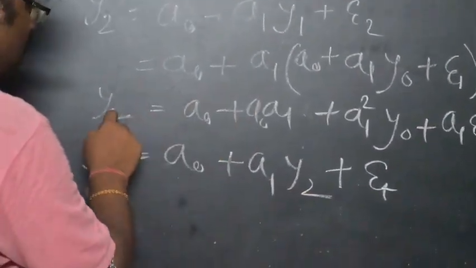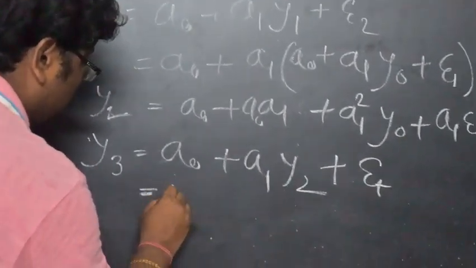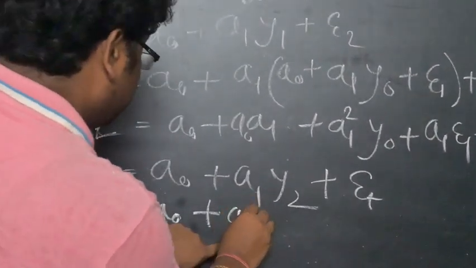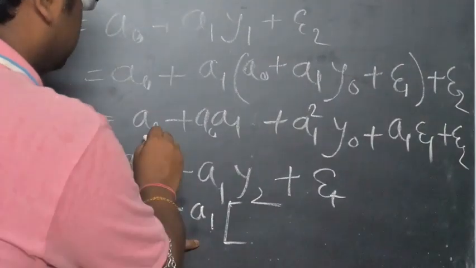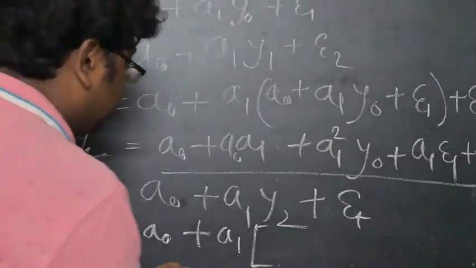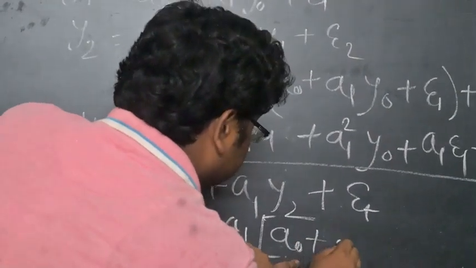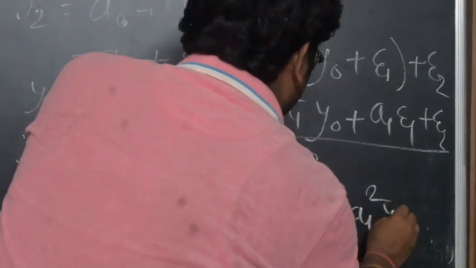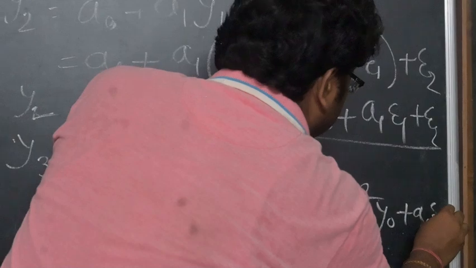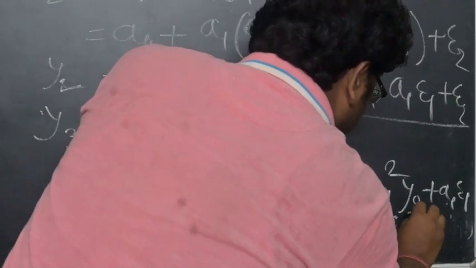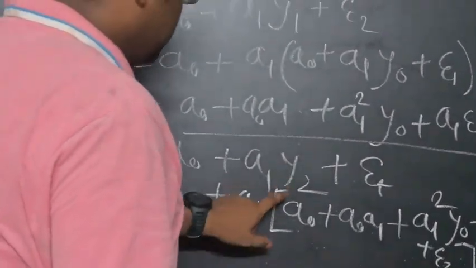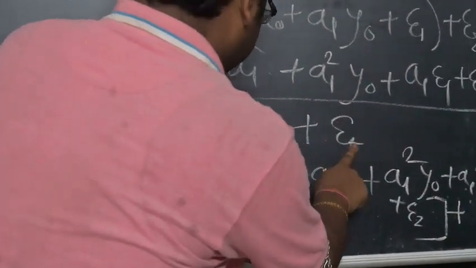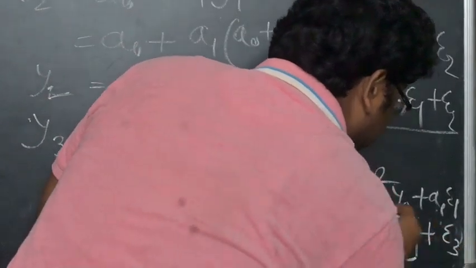We put the value of y2 here, equal to a0 plus a1 (a0 plus a1 y0 plus epsilon 1)... so a0 plus a1 times the whole bracket: a0 plus a1 plus a1 square y0 plus a1 epsilon 1 plus epsilon 2. In place of y2 we have placed this, and now plus epsilon 3.